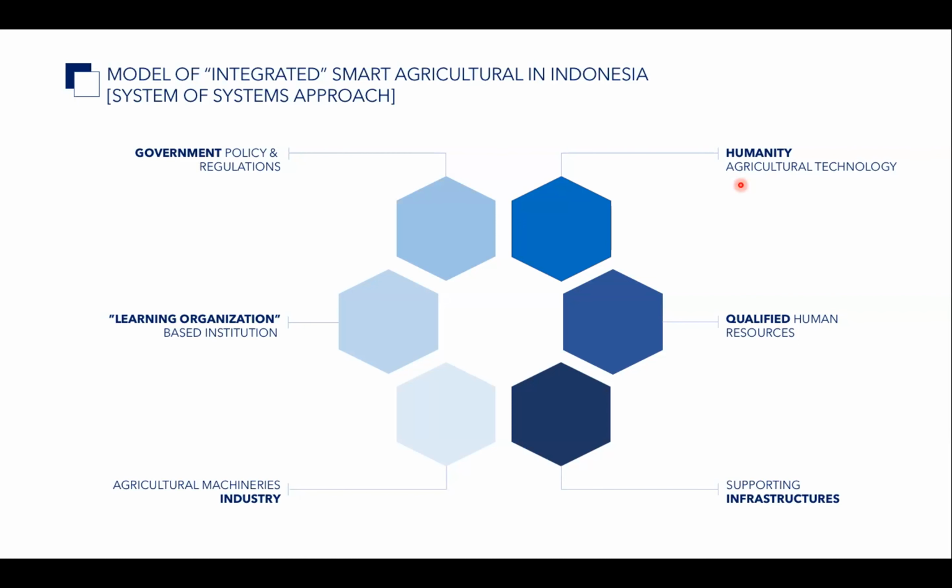So there are at least six aspects to develop integrated smart farming in smart agriculture in Indonesia. But first we have to build the humanity agricultural technology.